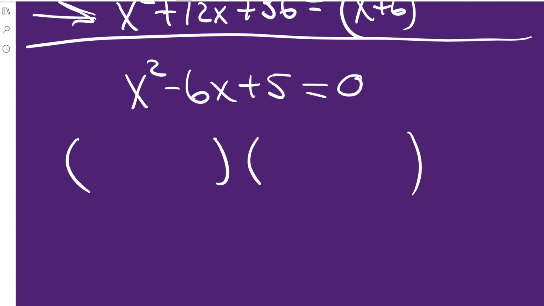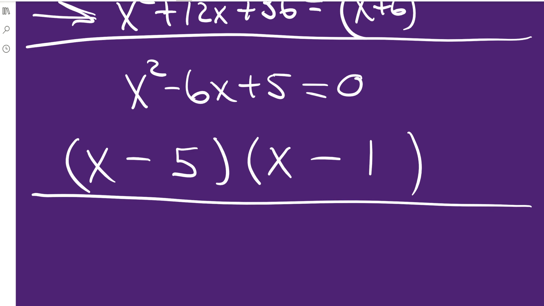Okay, what would I have? So I got an x here and an x here, a minus and a minus, and my two numbers are going to be 5 and 1. Okay, and that'll give us our solutions that we need of x will equal 5 or x can equal 1. Okay, so we can agree to that.